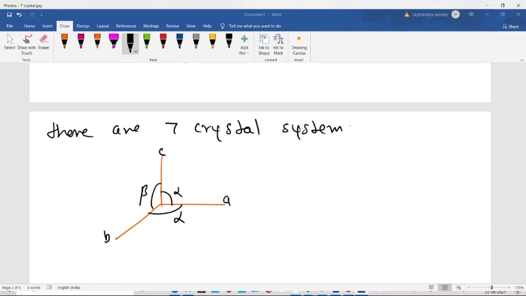Sulfur exists in forms like monoclinic, triclinic, rhombohedral. But most structures exist in the cubic or hexagonal.